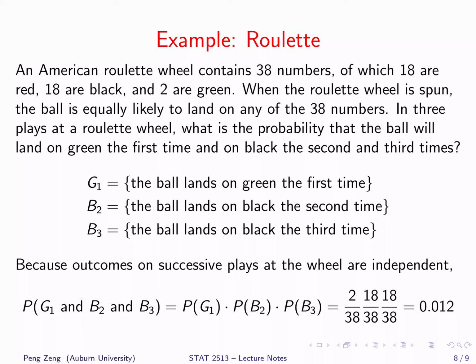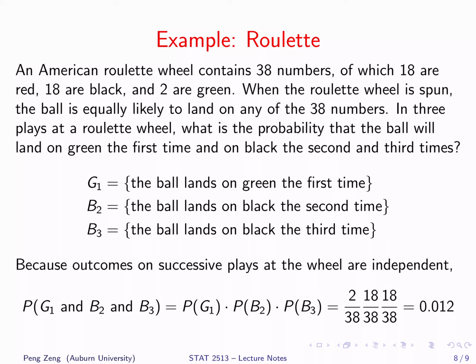Here we claim that these 3 events are independent because the result of each play is completely random and does not depend on the result of the previous play. Applying the special multiplication rule, probability of G1 and B2 and B3 equals the product of probability of G1, probability of B2, and probability of B3.